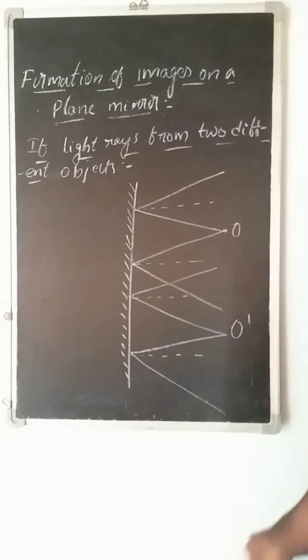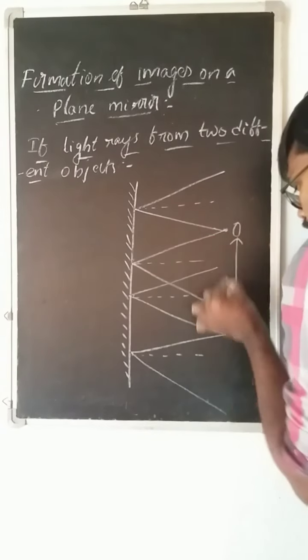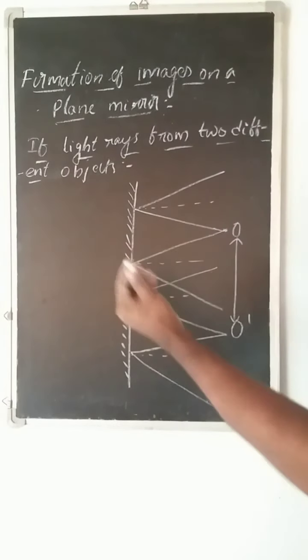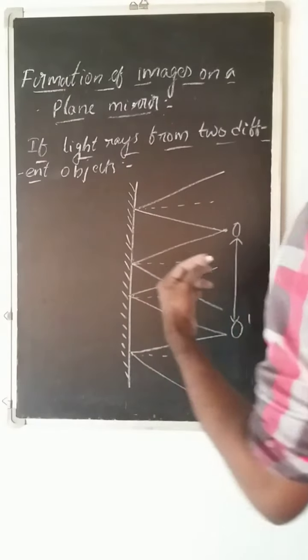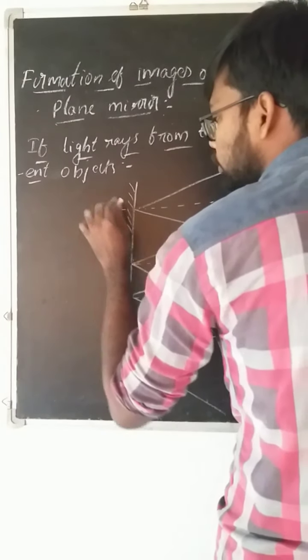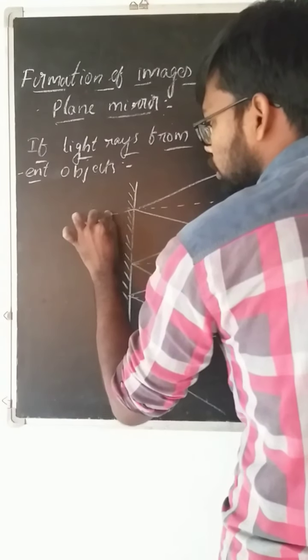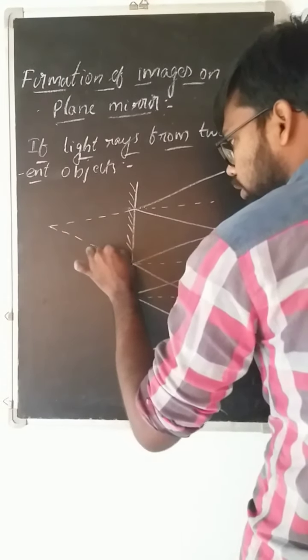If we draw images, the distance between object O and O dash is equal to the distance between images I and I dash. It should be equal, then only we will get the same. Now images will be formed.